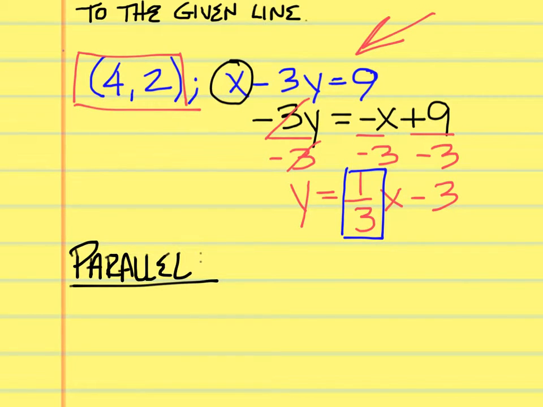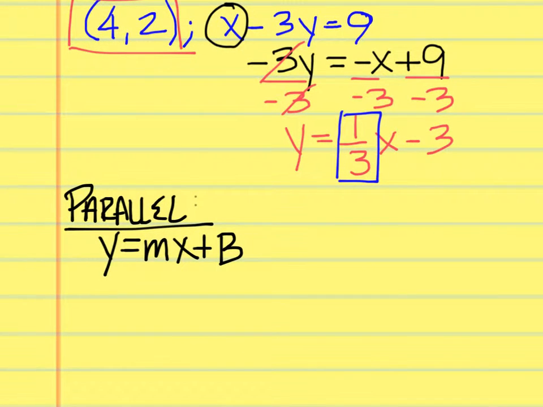If you're going to find the equation of a line that's parallel to y equals 1/3 x minus 3, then it's got to have a 1/3 as the slope. So if you start with y equals mx plus b, the first thing you do is put in the slope from what you just found, 1/3.